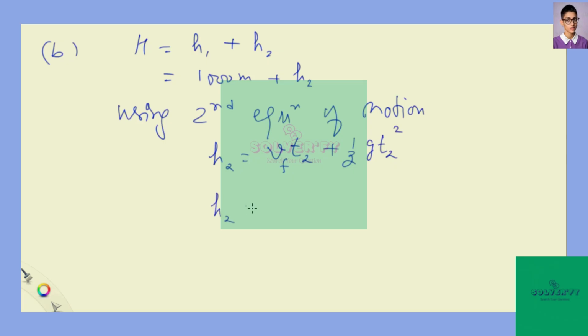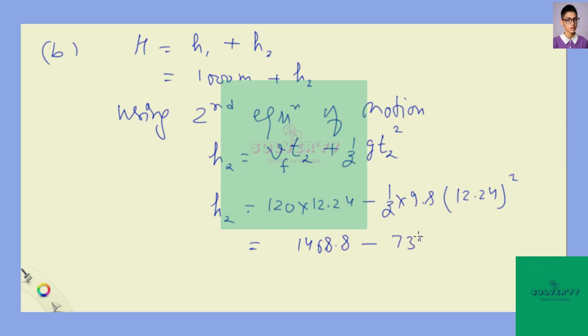So this h2 here will become 120 into 12.24 minus, as g is negative, half into 9.8 into the square of this 12.24. So here it becomes 1468.8 minus 734.11. So it comes out to be 734.7 meter.